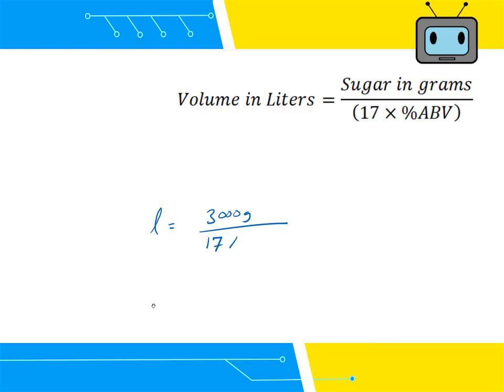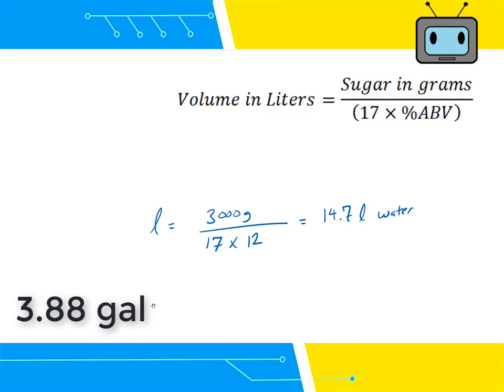We're going to divide that by 17 times, and let's say we're going to go for 12% ABV. So in this case here, that'll work out to 14.7 liters. So we'd require 14.7 liters of water, 5 kilograms of molasses to produce 12% ABV.